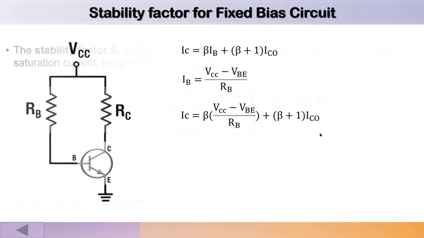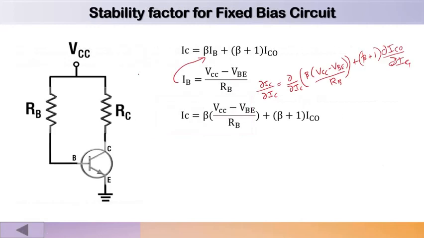So if you substitute that here, the LHS will be equal to 1, which is equal to, this being a constant term, 0 plus beta plus 1 into dou ICO by dou IC, which is equal to 1 by S. So this becomes S is equal to beta plus 1.